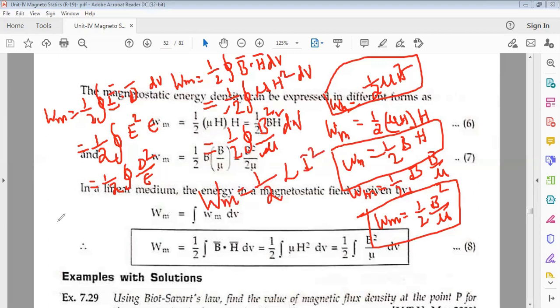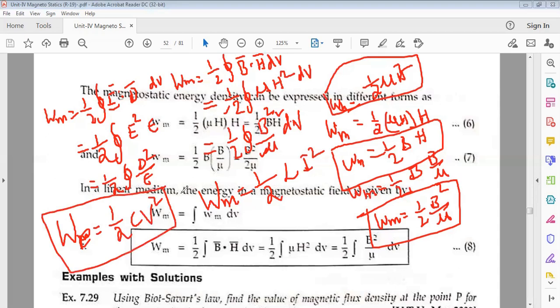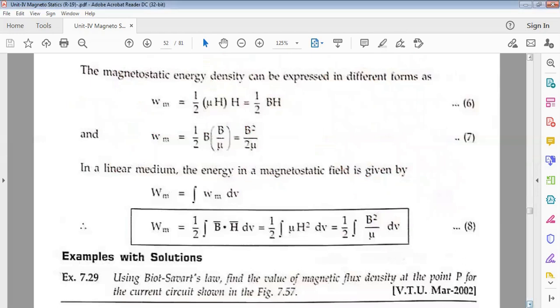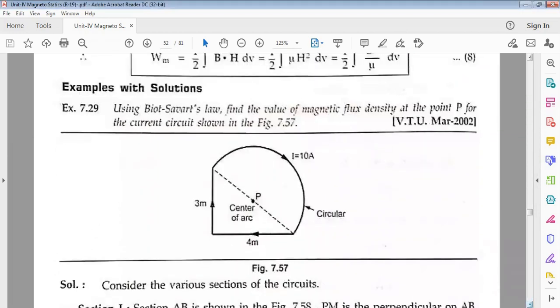And from these equations, we derive We is equal to 1 by 2 C V square. The capacitance, and here the inductance. Got it, my students? So with this, the magnetostatics is complete, and we go for the next topics.